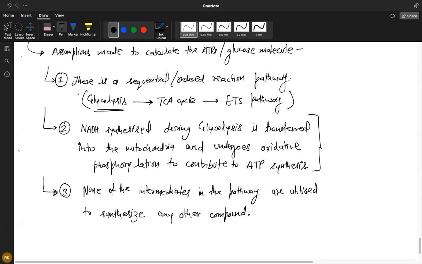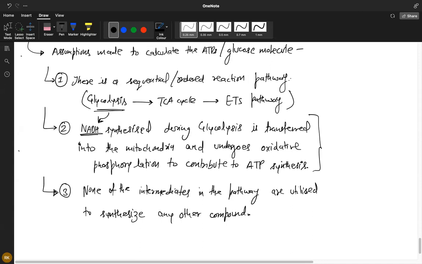First assumption is that our glucose molecule actually follows that sequence or orderly reaction pathway. First it undergoes glycolysis, then TCA cycle, and then ETS pathway. The second assumption is that the NADH which was synthesized during glycolysis also reaches the mitochondria and undergoes oxidative phosphorylation to contribute to ATP synthesis.